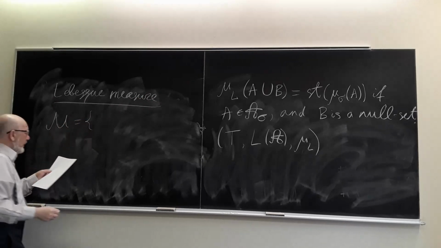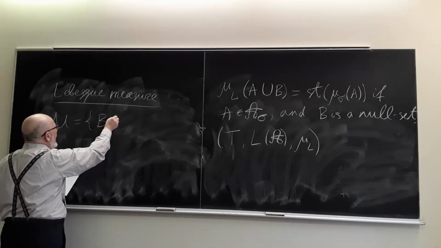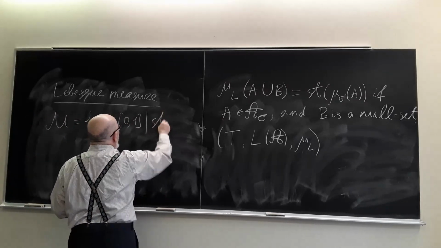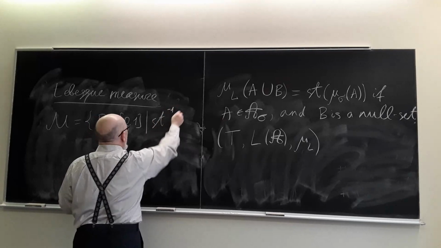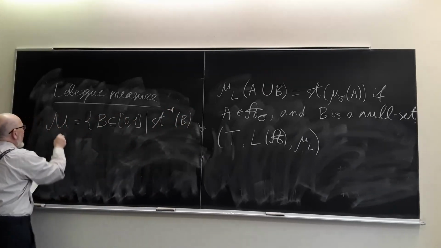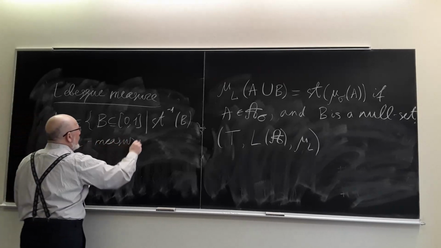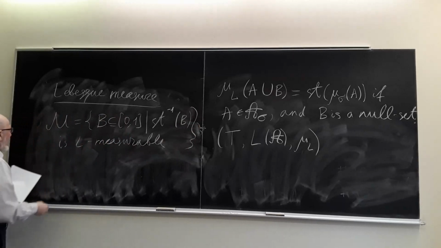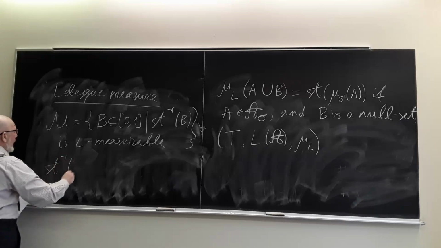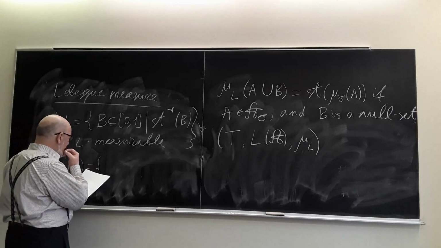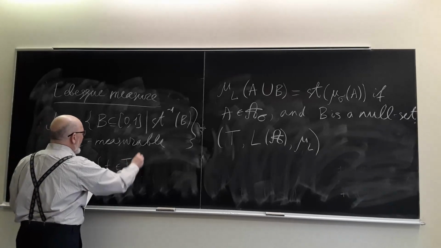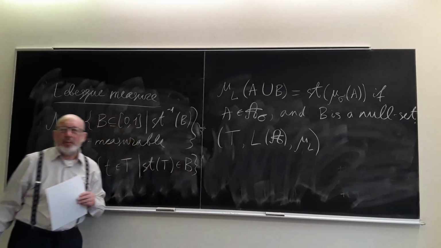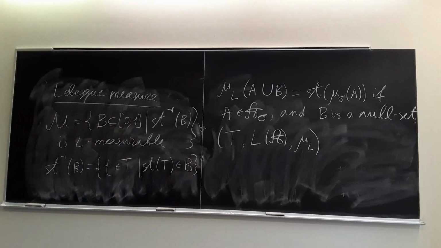M is the set of subsets of [0,1] such that the standard part inverse image of B is measurable. Here, the inverse image of B is the set of t in T such that the standard part of t is in B. So we consider these sets.